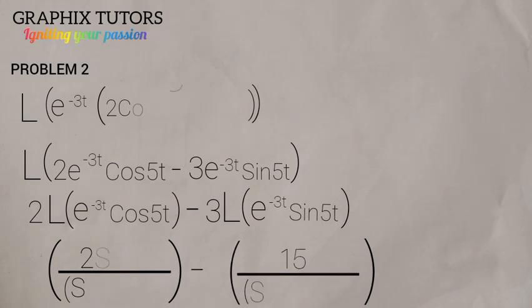Now we move further. Example 3. We are told to Laplace e to the power of minus t cos square t. So we are told to Laplace this. Now, if you have to Laplace this, like I said earlier, you are going to focus on cos square t.